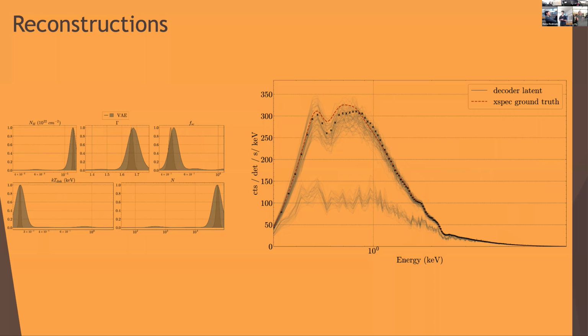So I don't remember exactly, but the gray distribution comes from the uncertainty that XSPEC gets for that parameter using some sort of statistic that XSPEC uses. Yeah, okay. It's the error in XSPEC. Okay.